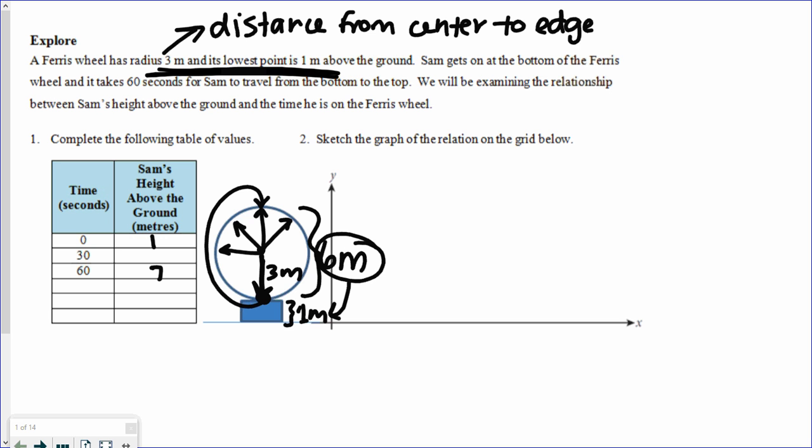So your data table, you can fill in the rest of it, looking at 0, 30, 60, 90, 120, and 150. So fill in the rest of the chart based on that. Think about this drawing as representative of where he would be at each second.